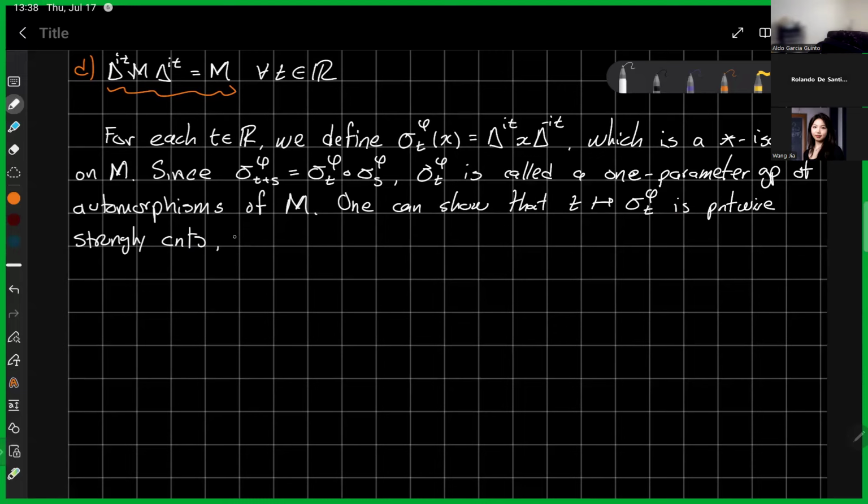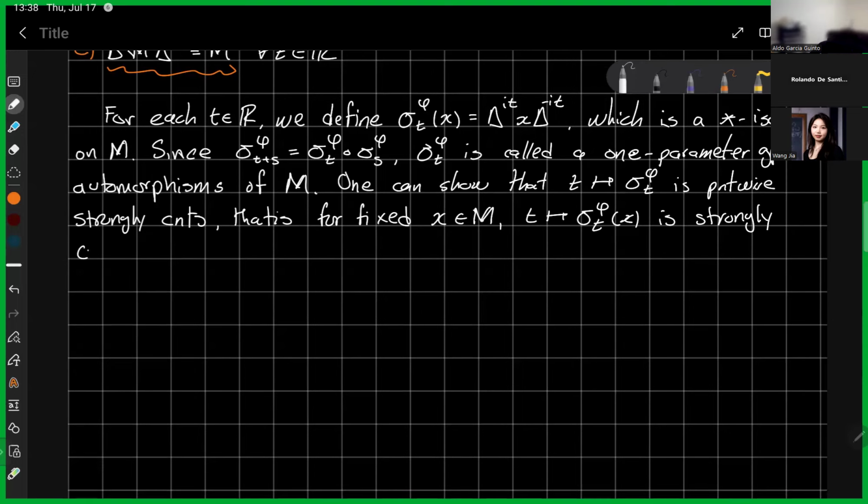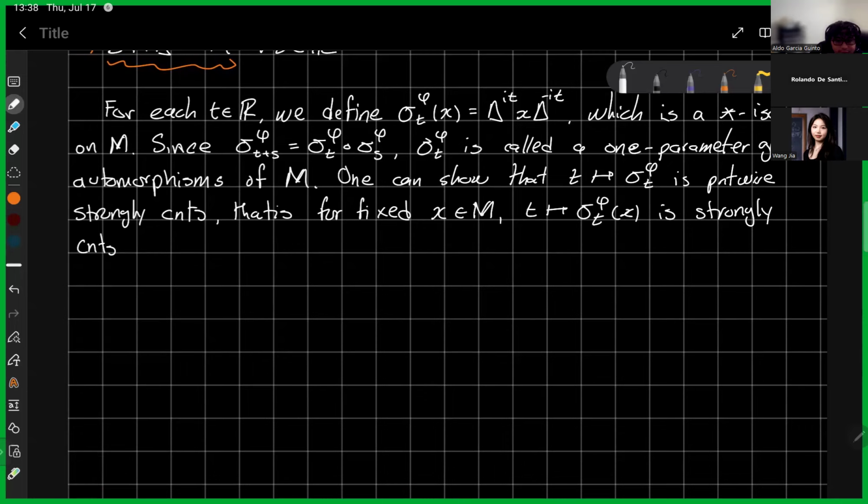Which means, for a fixed x in M, the map t goes to P_t of x is a strongly continuous function.